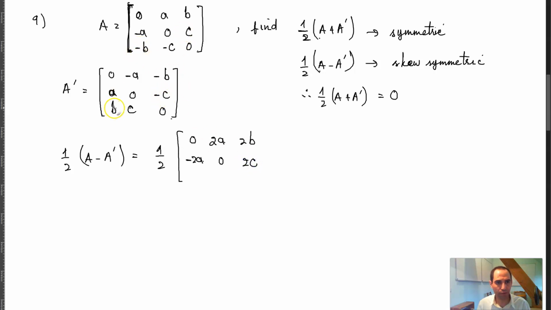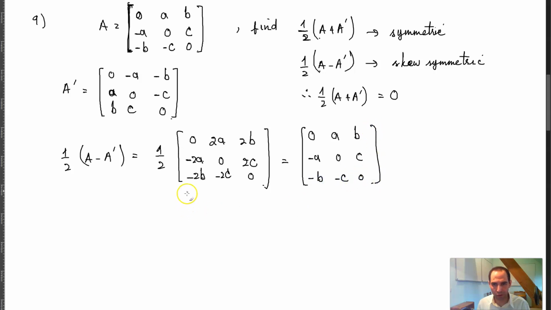And negative B minus B is equal to negative 2B. And negative C minus C is negative 2C. And 0 minus 0 is equal to 0. And that's the same thing as basically 0, A, B, negative A, 0, C, negative B, negative C, and 0. So that is basically 1/2 of A minus A prime.